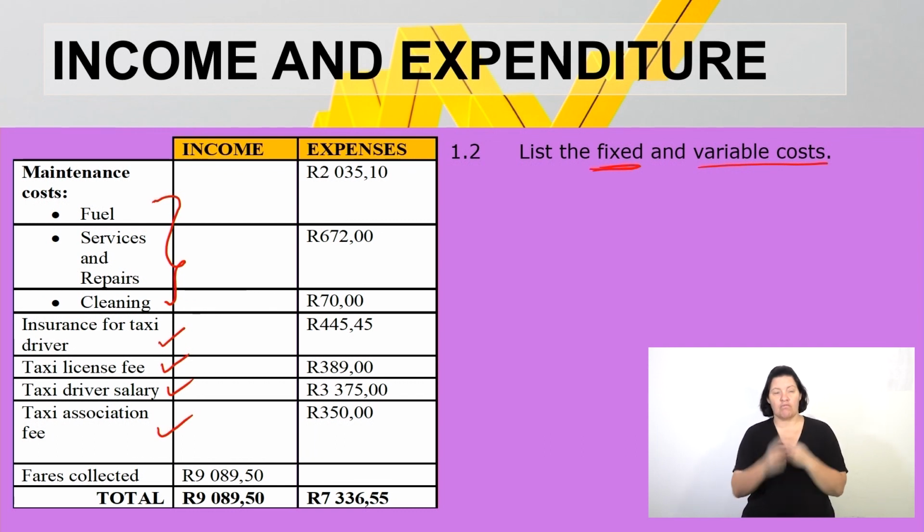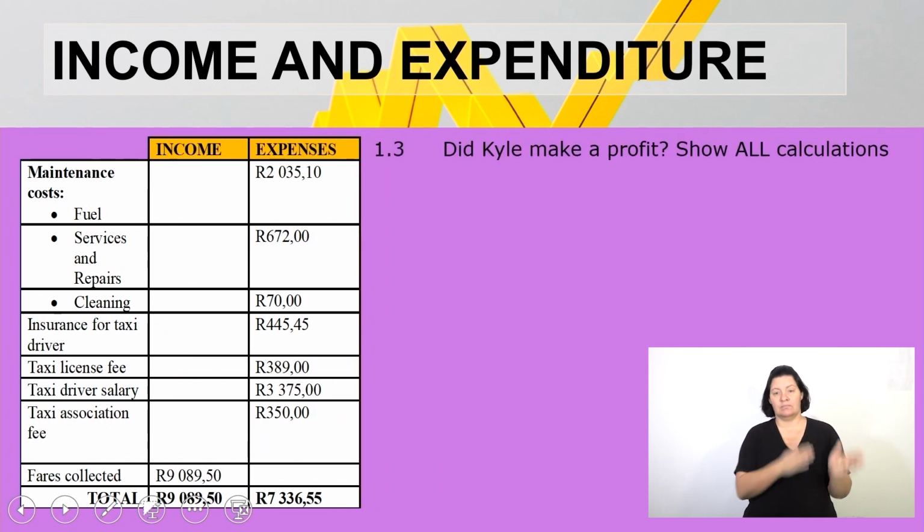Just to repeat that, your variable costs will be all the maintenance costs here, your fuel, services and repairs and cleaning, and your fixed expenses will be insurance for the taxi driver, taxi license fee, the taxi driver's salary, as well as the taxi association fee. Now let's look at the next question.